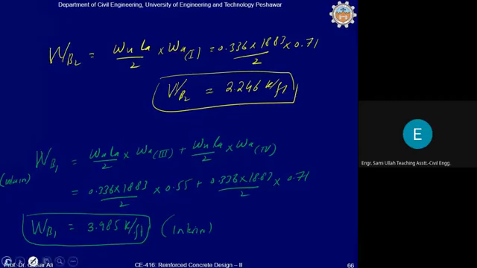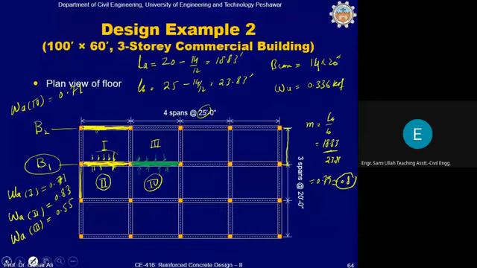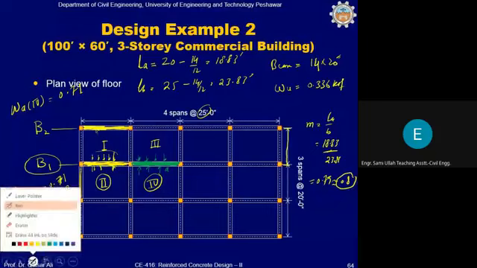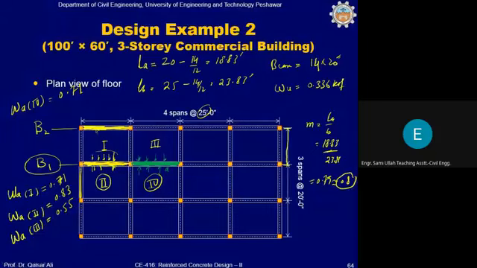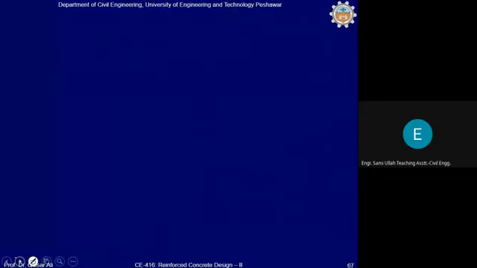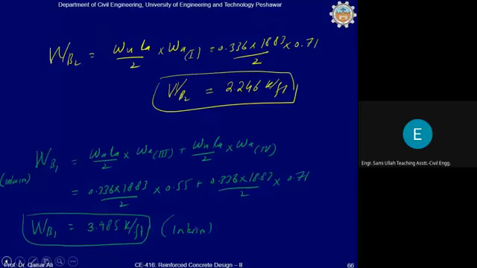Now coming to the load acting on the interior span of B2. For example, if it is represented by this blue line, we have already calculated this. Load acting on this side from panel 3, this is basically this load.